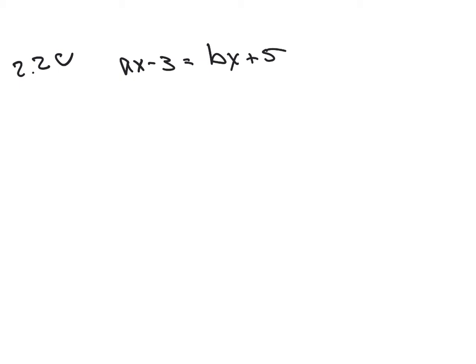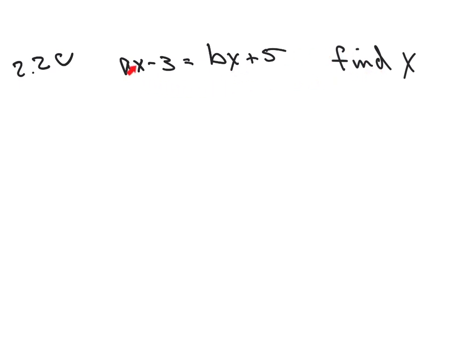So this is example 8, middle of page 123, and one of the things I want you to notice when you're doing these is, first of all, we are trying to solve for x. Since we have 3 variables here, we cannot find a number to represent x.